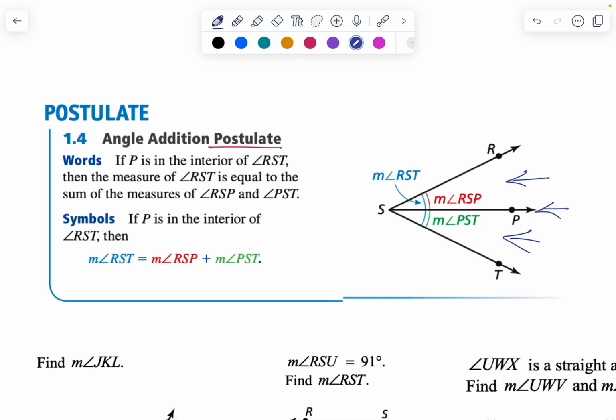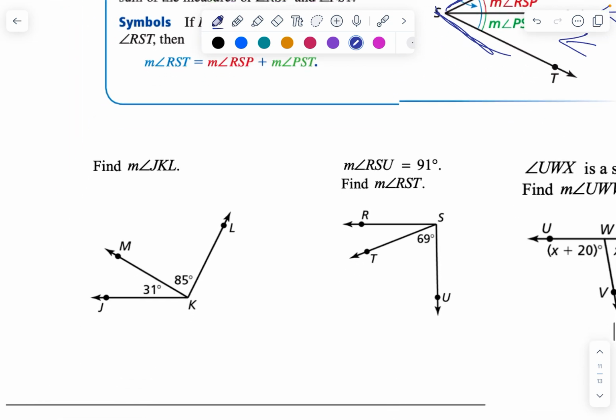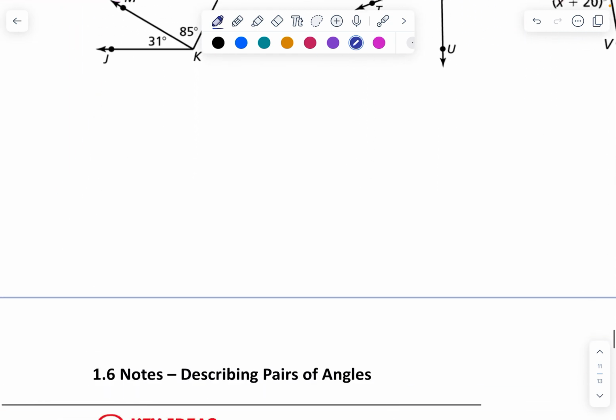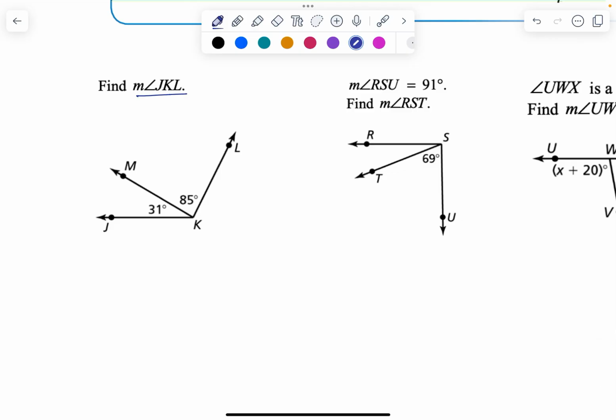Then the measure of angle RSP plus the measure of angle PST is equal to the measure of the whole thing, which makes sense, right? They're right next to each other, just like when segments were next to each other. So we're going to use that property to find the measure of JKL.